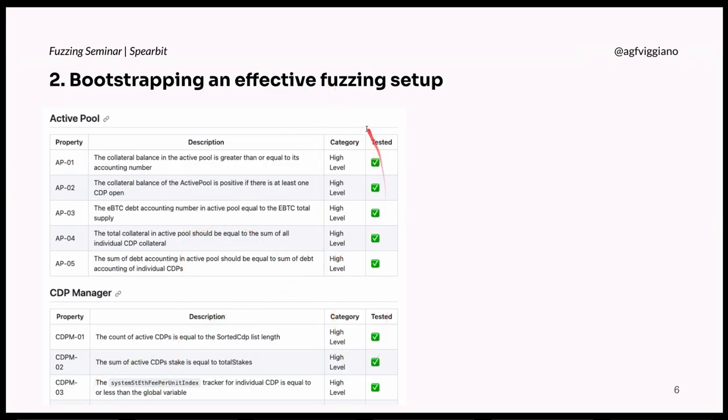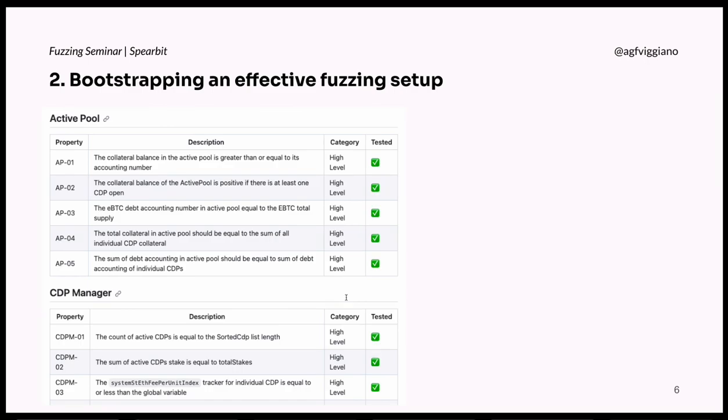These high level properties are similar to, on an ERC20 token, the total supply should always be greater than or equal to the sum of users' balances, because otherwise you are minting ERC20 tokens from thin air. They are very important because they should be true at all times.